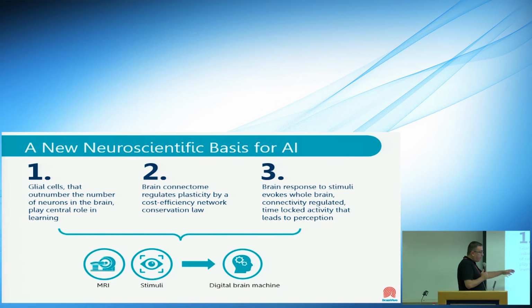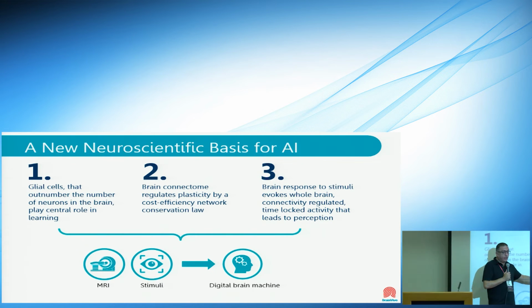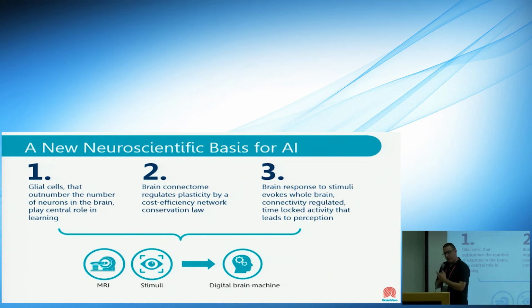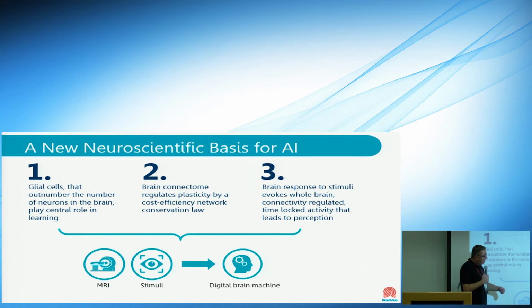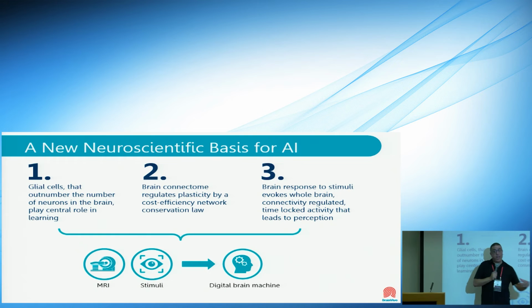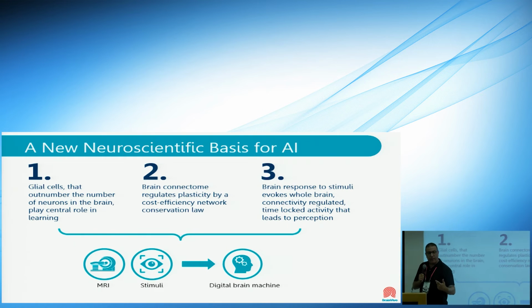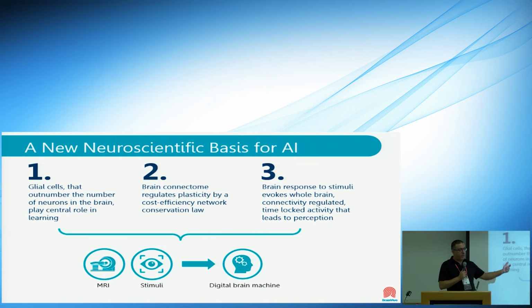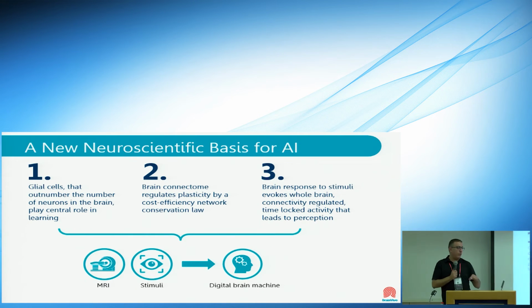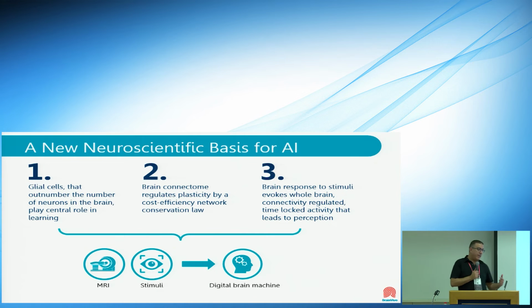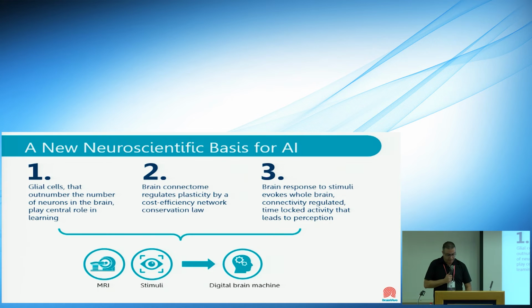For that, we need an MRI and we need stimuli that we put together somehow, in a minute I will tell you how, and produce from both of them a digital brain, an avatar for each of our brains that will be able to process information as similarly as it can to the real brain behind it. And it won't be a similar machine for each one of us. Each one of us is different, has different perception, so each one of us that will be scanned will have a different machine on the other side.